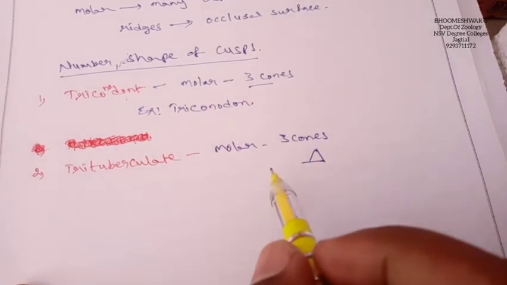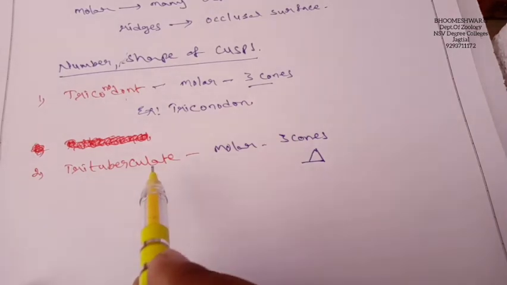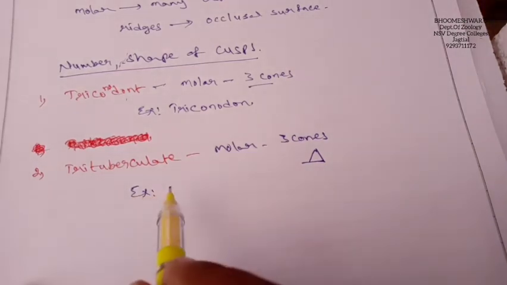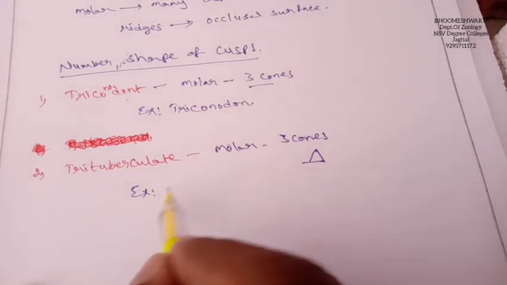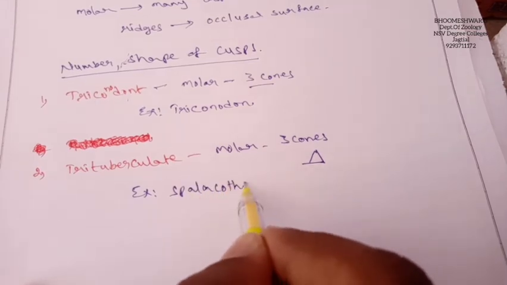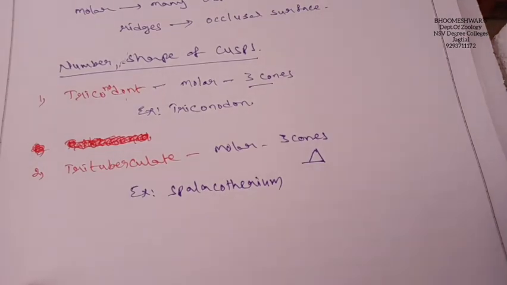That's why this type of cusp is named trituberculate. It is also seen in fossil forms of Mesozoic mammals, and a suitable example is Spalacotherium.